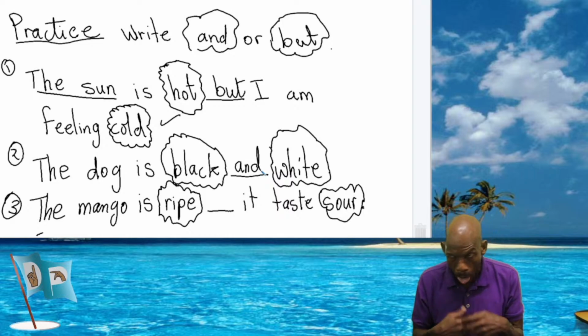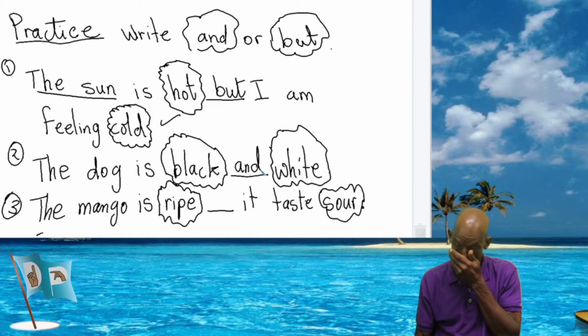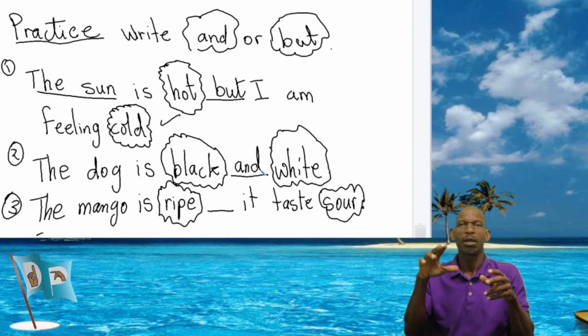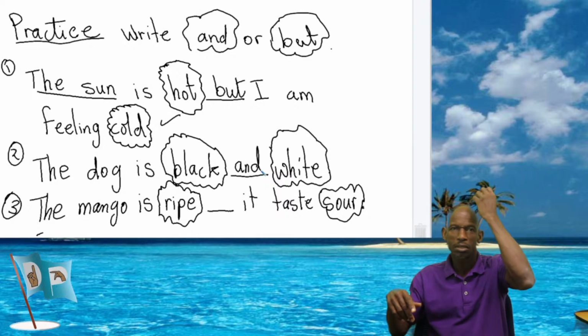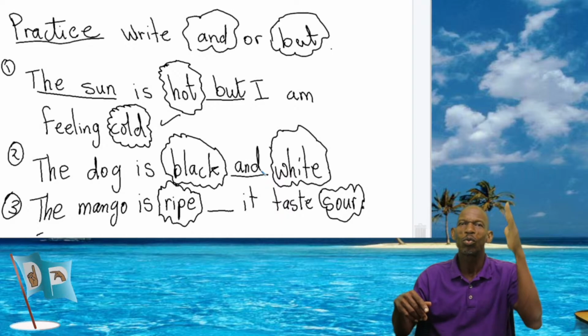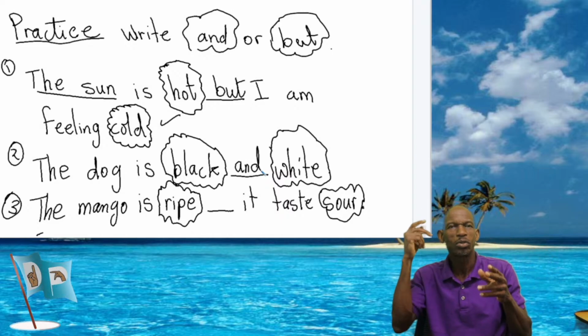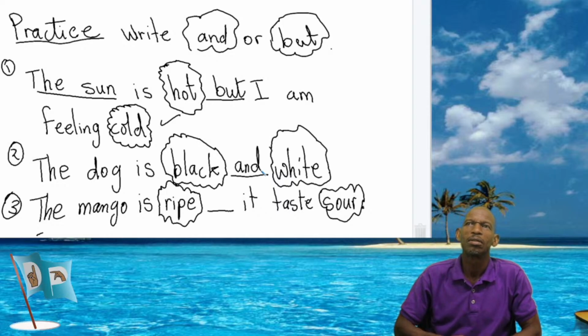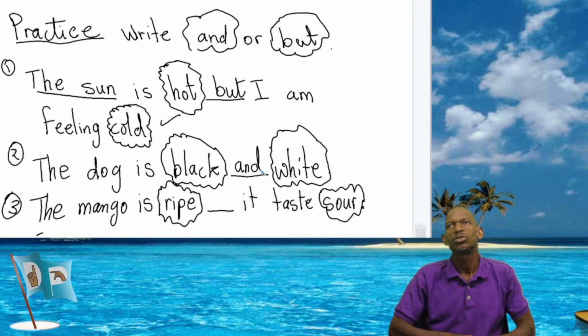The mango is ripe, something, it tastes sour. Not Rebecca, not Karen. I want Selwyn or Sabriki. Tell me what it is. Selwyn's head is down. I'm not seeing him at all. I hope his video is not stuck.